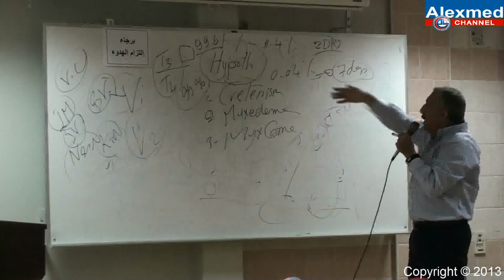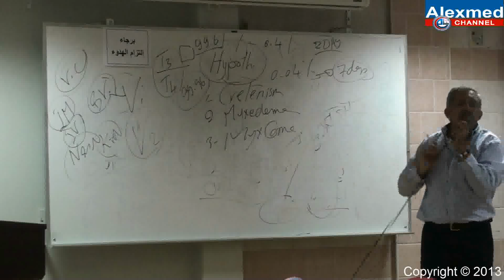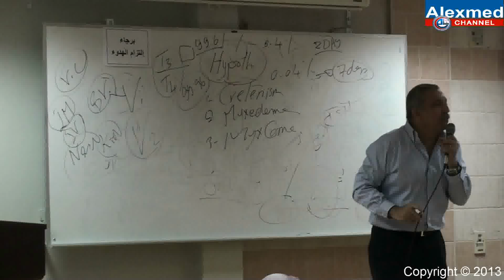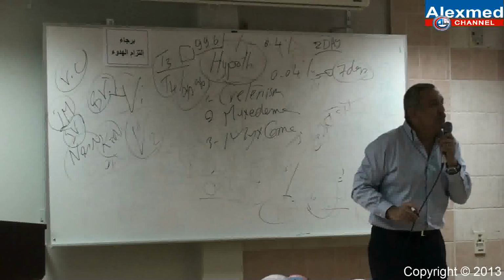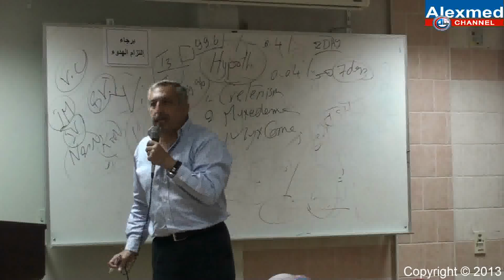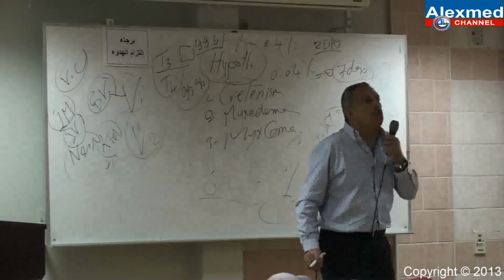Second, let us see the site of action of T3 and T4. What are the sites of action of T3 and T4? Every cell. And by what mechanism? Where is the receptor? Inside the nucleus.